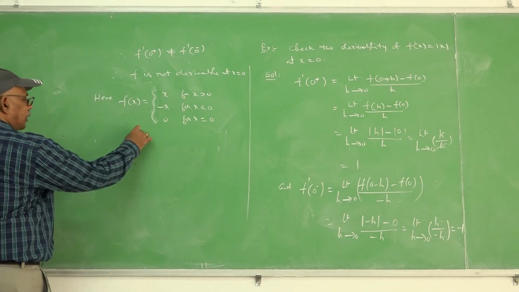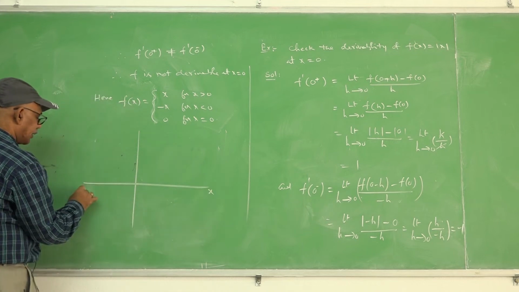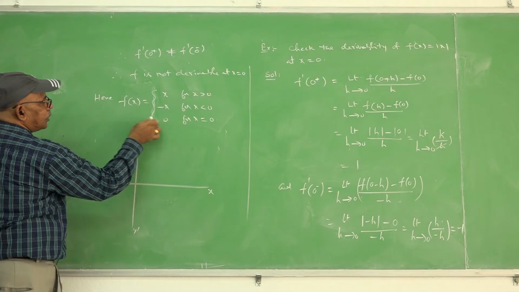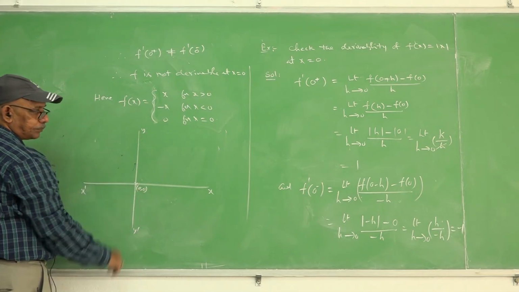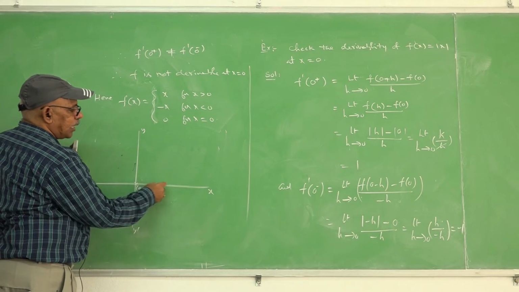Once you draw the graph of the function, for x equal to 0, y is 0. That means the graph is passing through 0, 0. For x being positive, x takes 1, 2, 3 and so on.